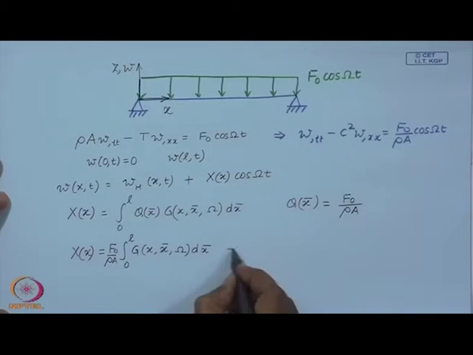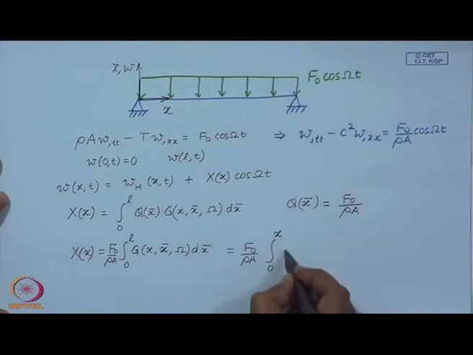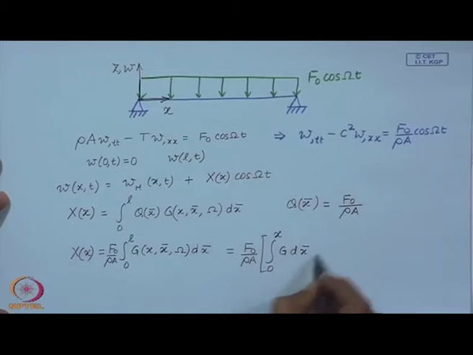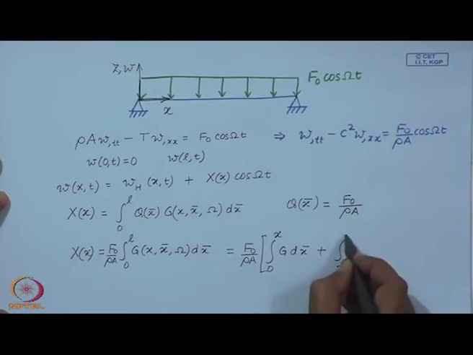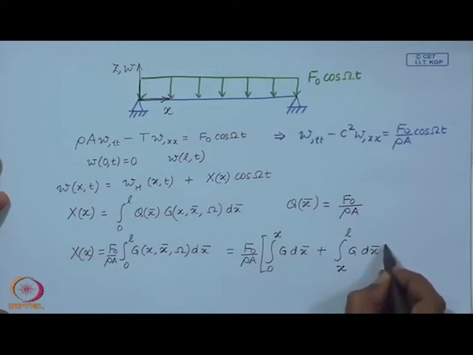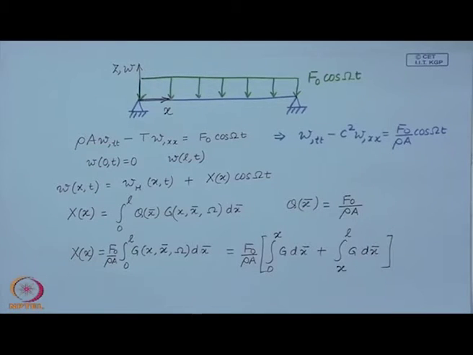So, if you are interested in the solution at a particular location x, then when we perform this integral, there will be a region of this integral from 0 to x and from x to L. So, x bar, which must go from 0 to L, can be broken up into x bar going from 0 to x and from x to L. So, we are going to actually perform these two integrals.